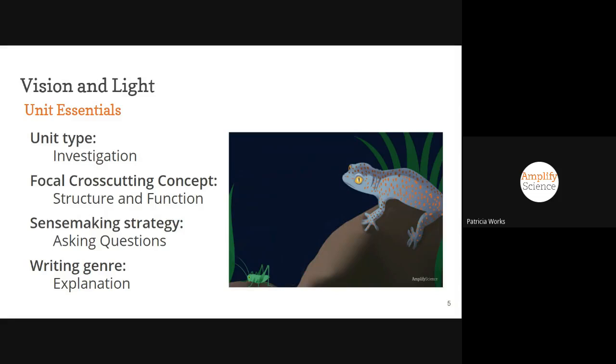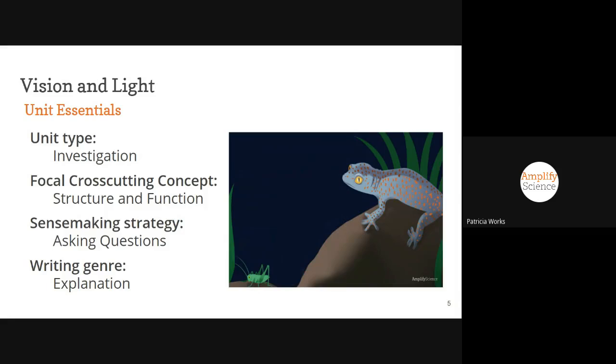Students also ask new questions after both reading and investigating. Students learn that scientists investigate some questions directly, while other questions can be researched through second-hand sources, such as reference books. In addition, students learn that reading, discussing, and investigating can all lead to new questions.